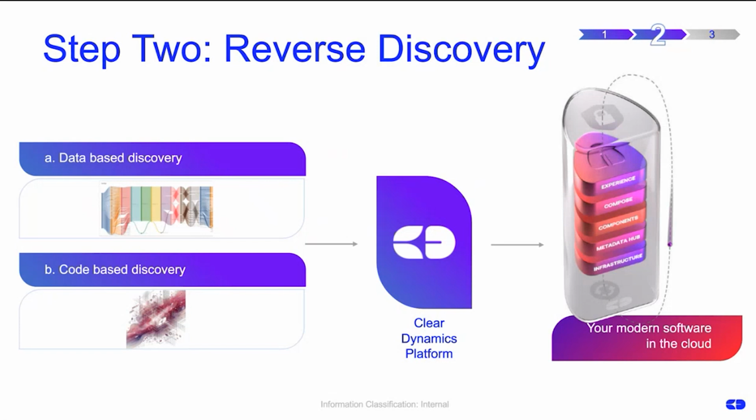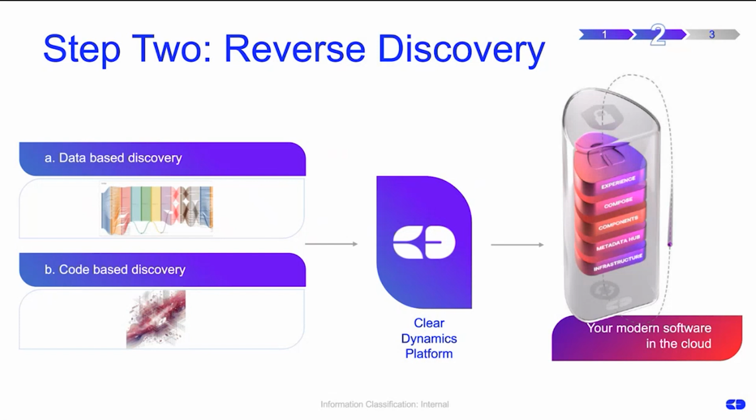The second is code-based discovery. Now, this one's only really relevant when we're talking about modernizing legacy applications. It's not so relevant for shadow IT use cases. But with code-based discovery, we've built a whole lot of tooling around generative AI that allows us to really analyze in great detail what the existing system is doing, understand the logic and the workflows and the edge cases of that existing system, and then automatically apply all of that to the new modern application that we're building in the cloud.